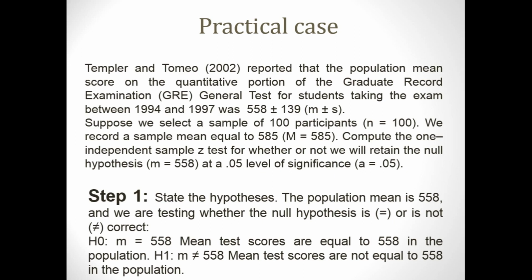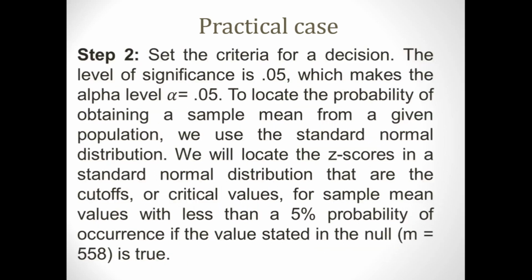So in step 2, we set the criteria for the decision. The level of significance is 5%, which makes the alpha level 5%. To locate the probability of obtaining the sample mean from a given population, we use the standard normal distribution.